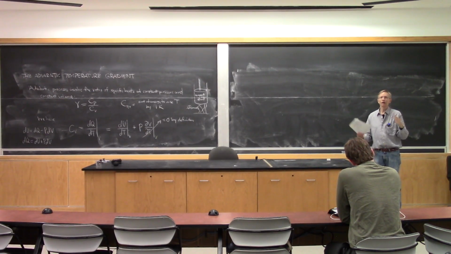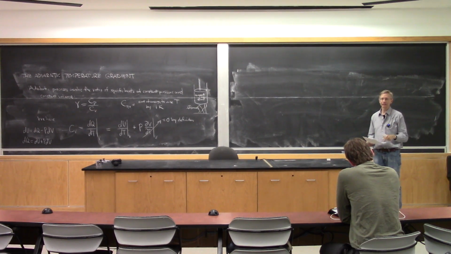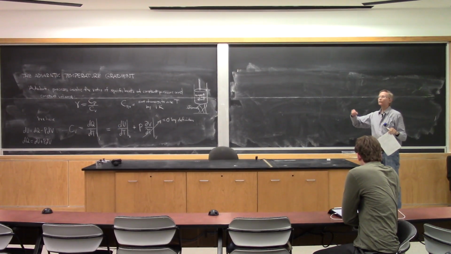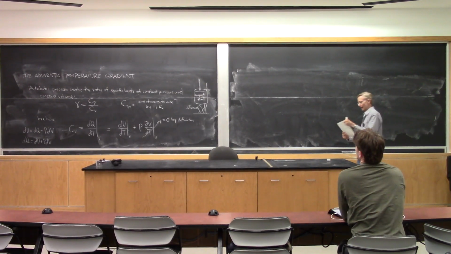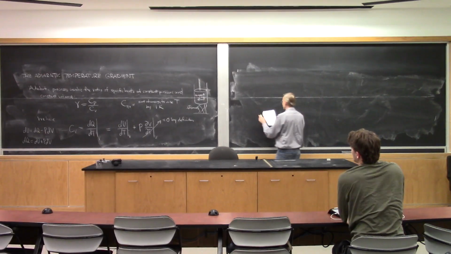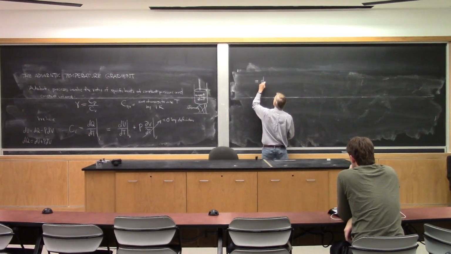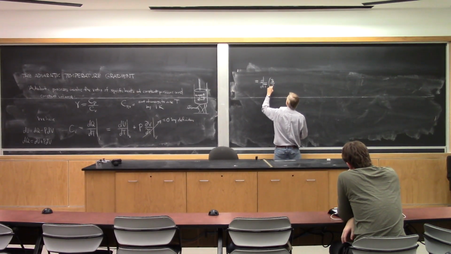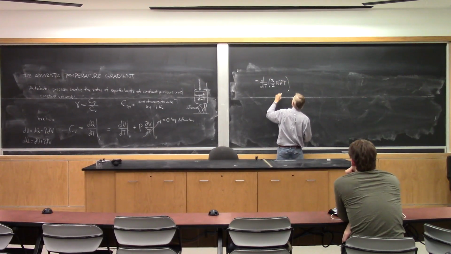All it cares about is how fast the particles are moving, what's their average kinetic energy. So constant volume, constant pressure, U is 3/2 n tilde RT no matter what. So this is the derivative with respect to temperature of 3/2 n tilde RT.